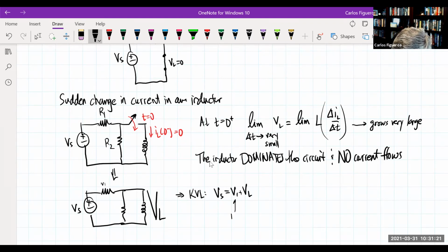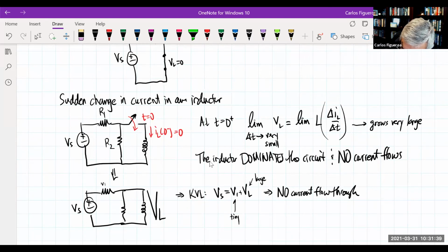If V1 is tiny and the inductor voltage is large, that implies there's no current flow through R1. The inductor just dominates everything. All the voltage is going to be across the inductor. Therefore, the inductor acts like an open.